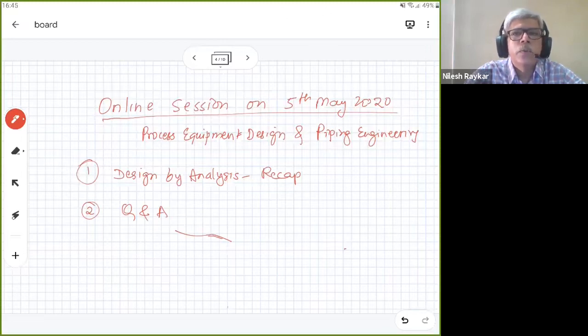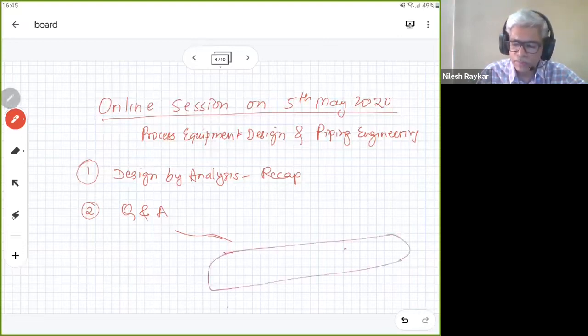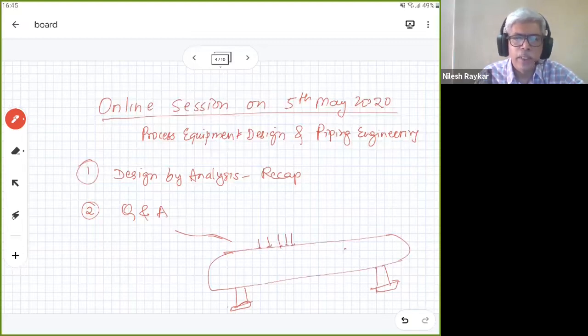If you consider a horizontal vessel as shown here, supported on two saddles, one thing is the buckling which will occur because of the external pressure. If you are having vessel under external pressure, then vertical and horizontal doesn't make any difference. The buckling will occur only because of the pressure, and the orientation doesn't matter.